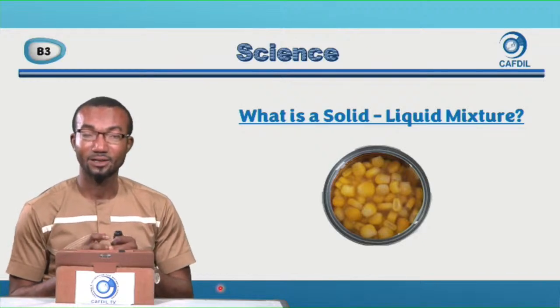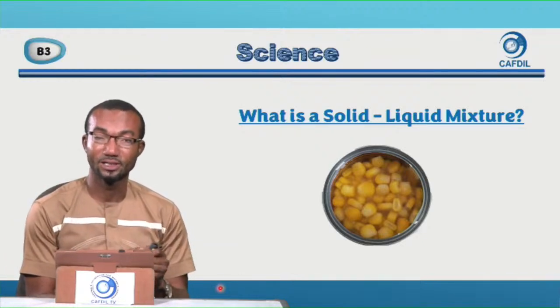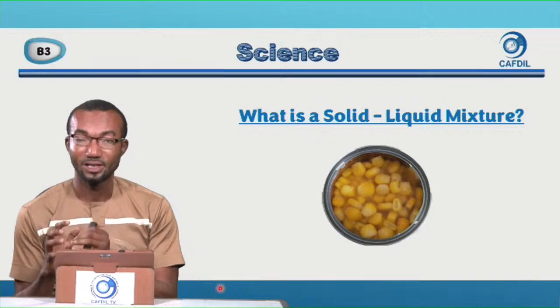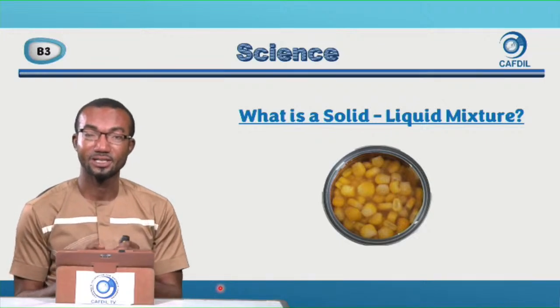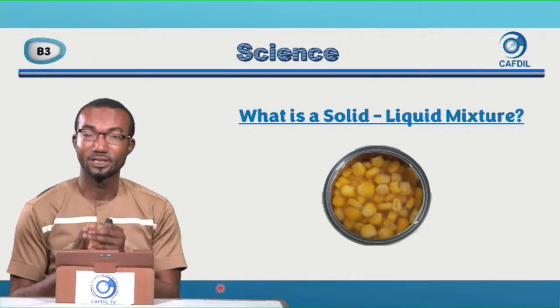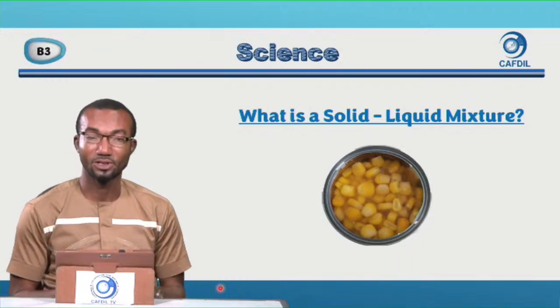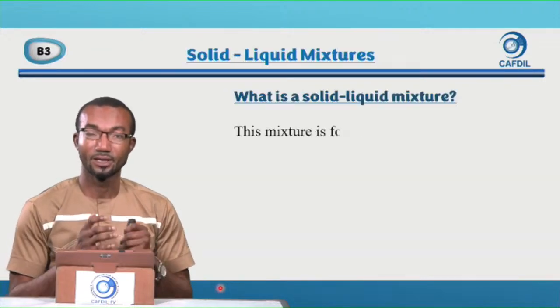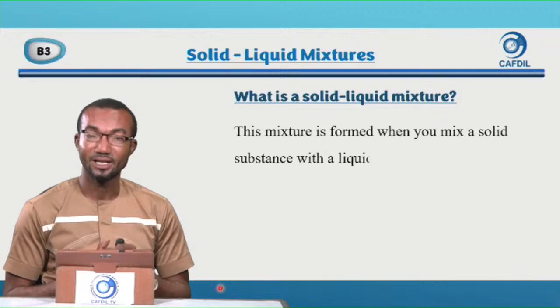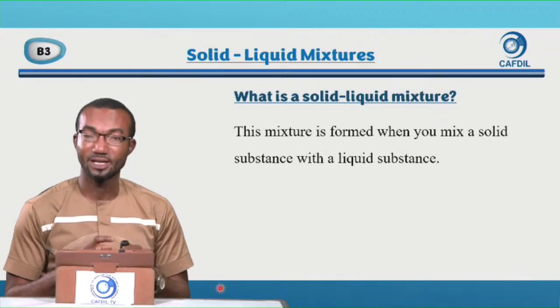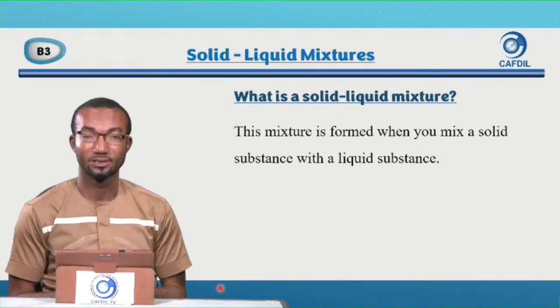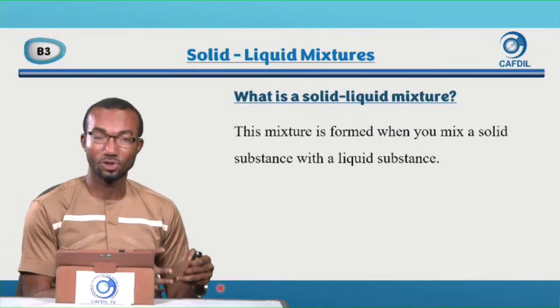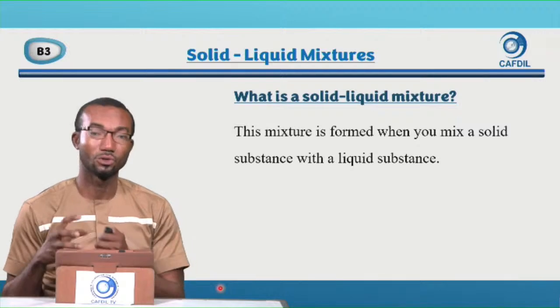So Kate, right now that you know what solid is and what liquid is, what is a solid liquid mixture? This mixture is formed when you mix a solid substance with a liquid substance. So you know solid, you know liquid.